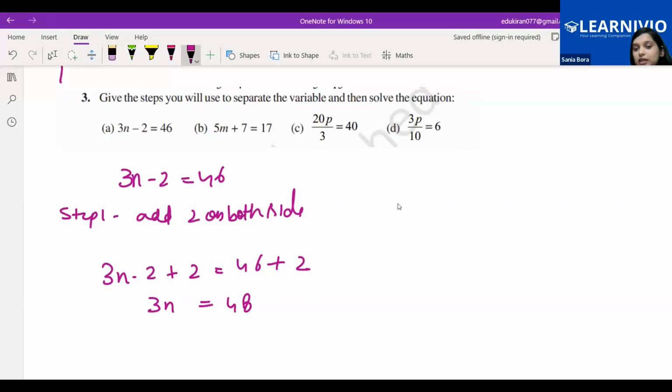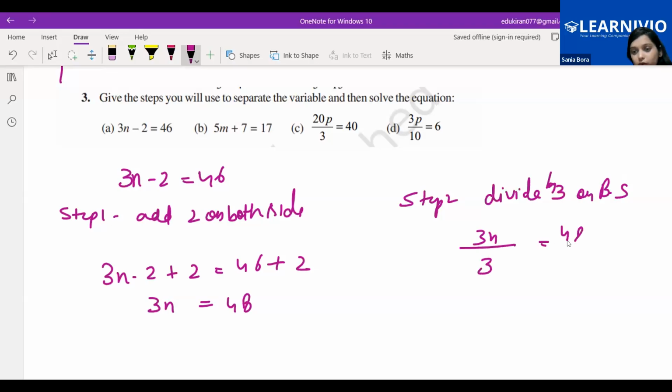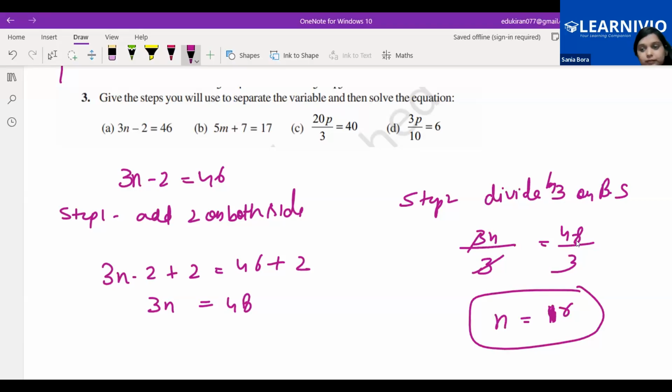Then step 2, divide by 3 on both sides. So 3n divided by 3 equals 48 divided by 3. So 3 and 3 got cancelled. n is left. And then 3 sixes are 18, n equals 16. Clear? Yes, ma'am. So note it down and do the others.